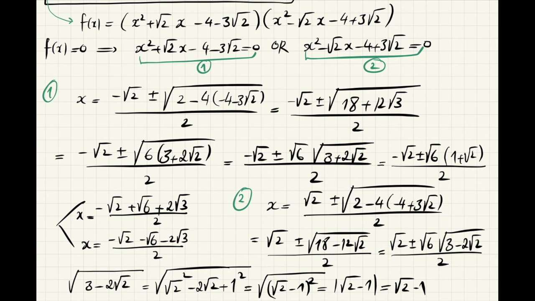So if you don't mind, let me take this one with me to the other page, and remember that this square root part is this one. Okay, so I will take this one with me. Copy. So we go to the next page here. So let me continue now here.